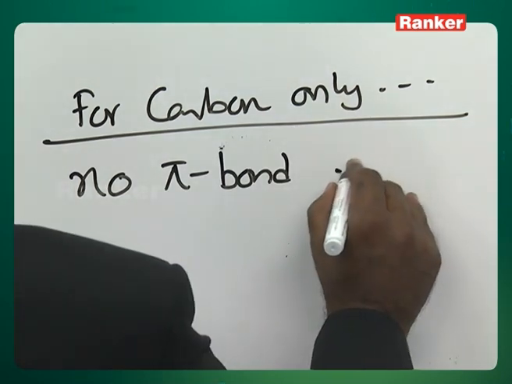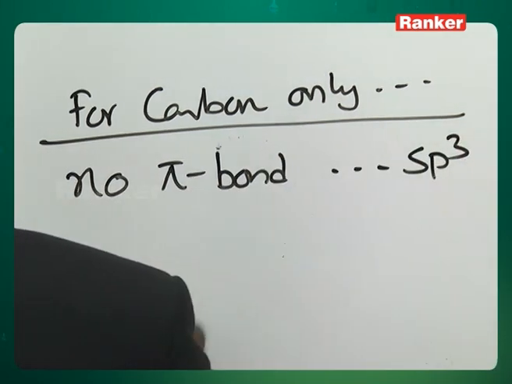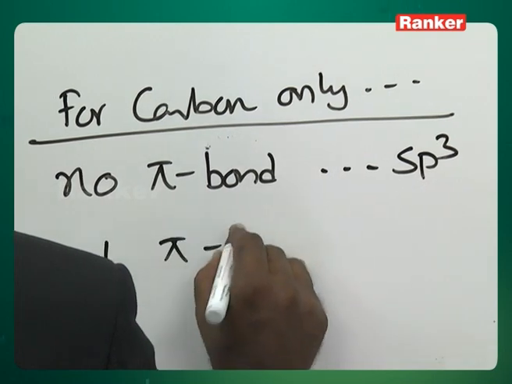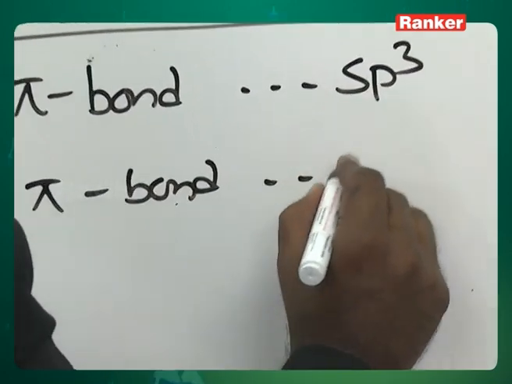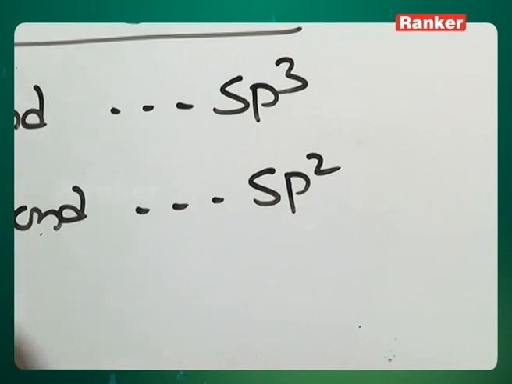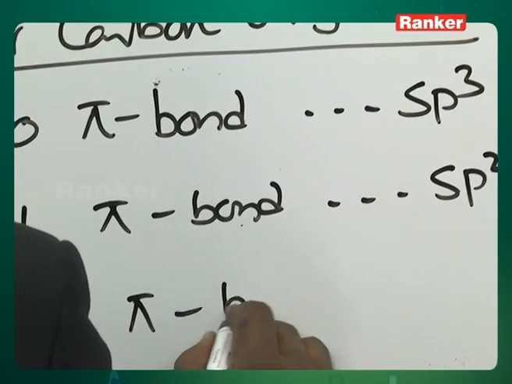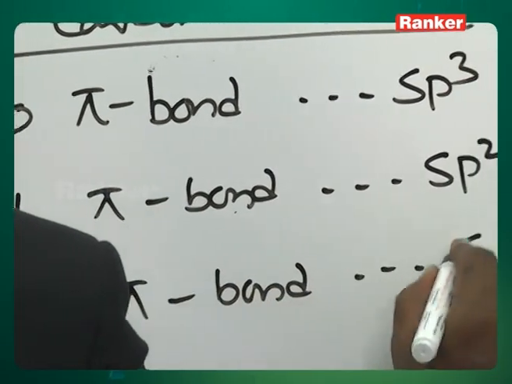No pi bond, the hybridization is sp3. 1 pi bond, sp2. 2 pi bonds, sp.